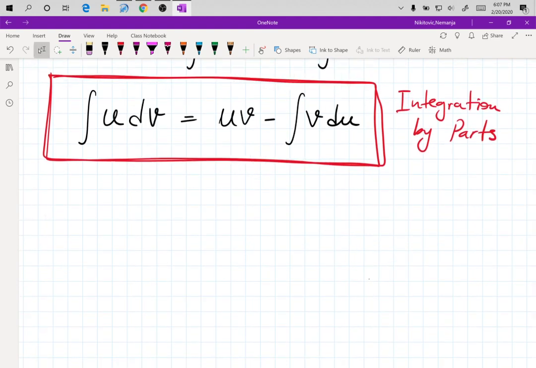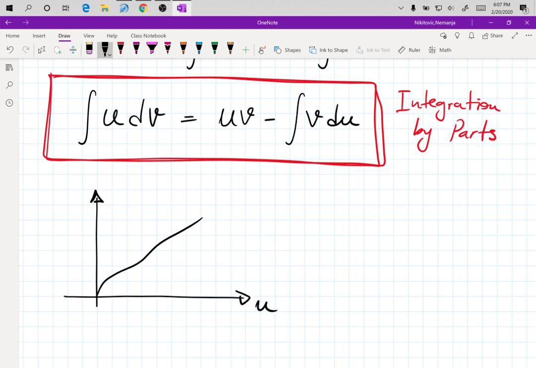Now, before I jump in and do 7,000 examples, I am going to prove this formula in another way, graphically, as well. So if you have some function, whatever, right?